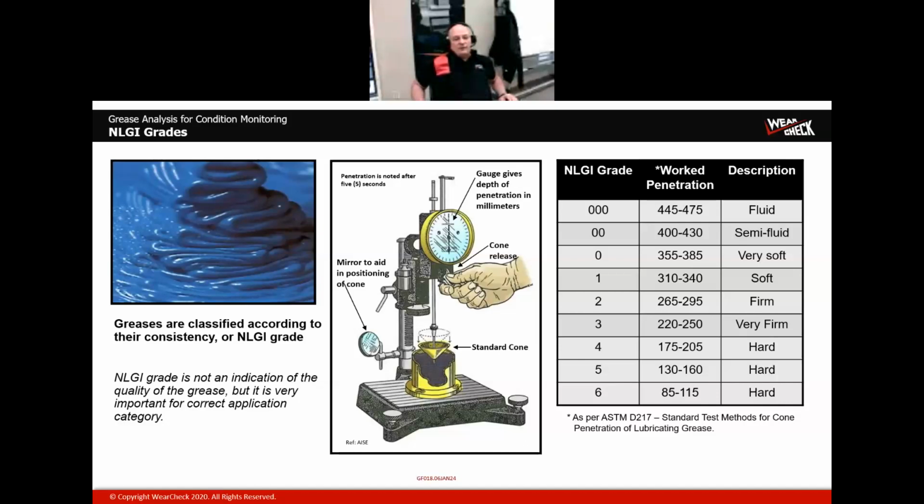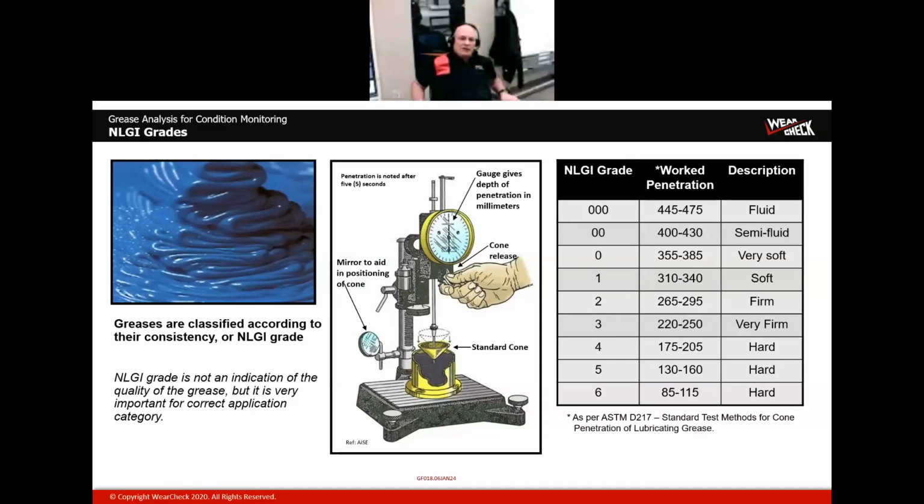The issue with this, of course, is you need a fair amount of grease. And most of the time with our customer base, we're generally getting very small quantities of grease, so we need to do testing in a different manner.